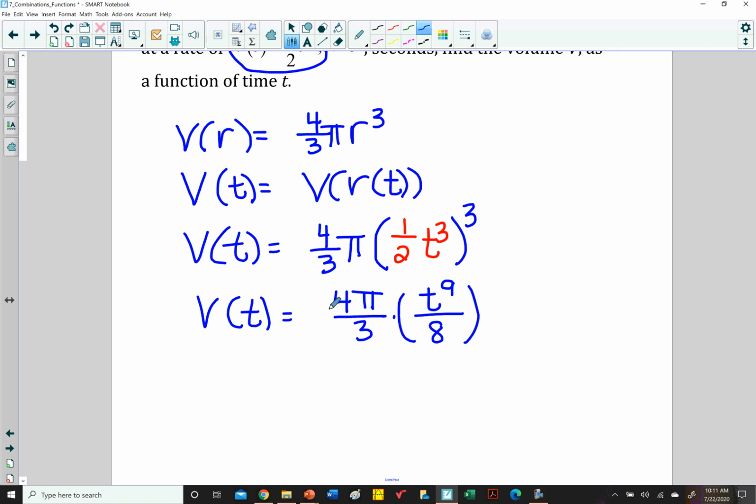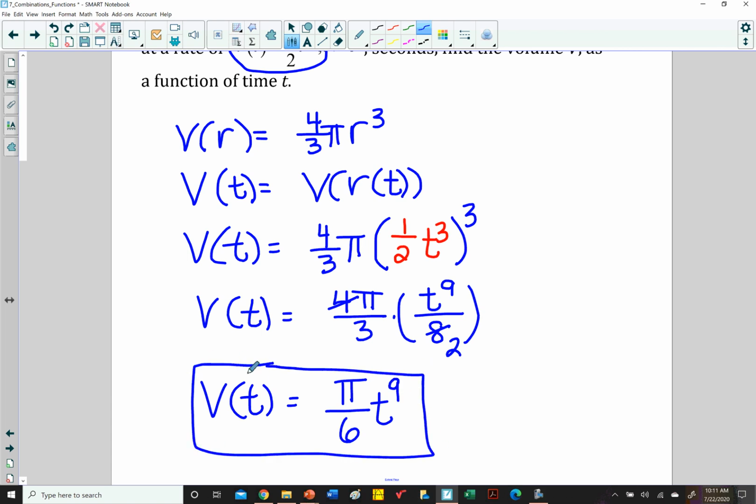Clean that up: 4 divides 8 2 times. So volume with respect to time would be pi over 6 t to the 9th. Right?